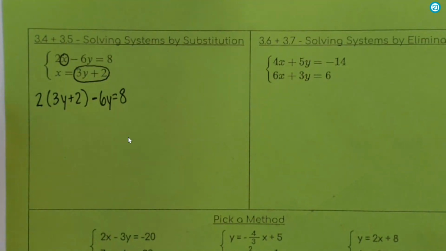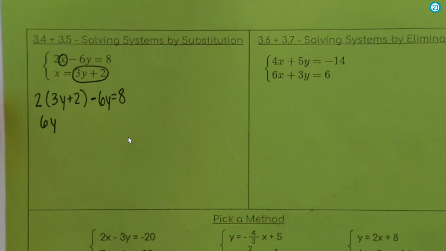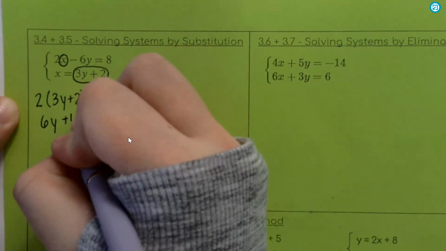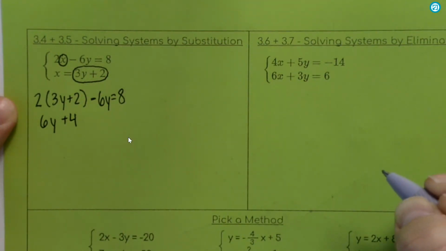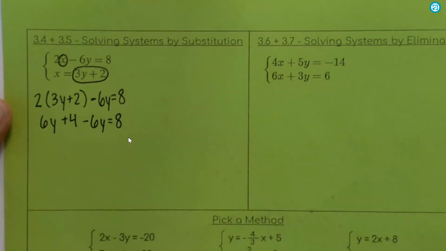Two times 3y is 6y. 2 times 2 is 4. And then we have a minus 6y equals 8.